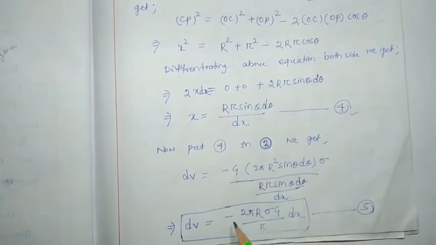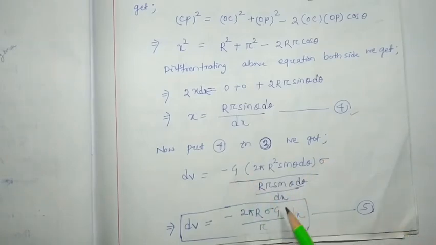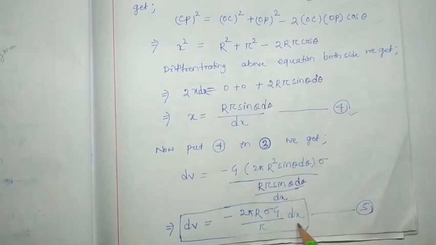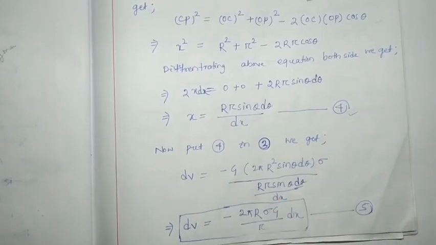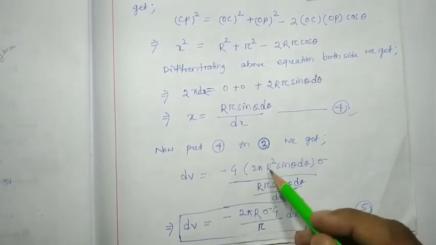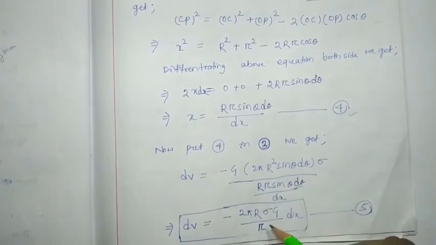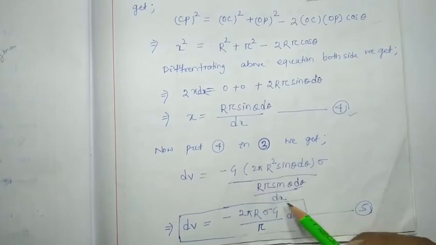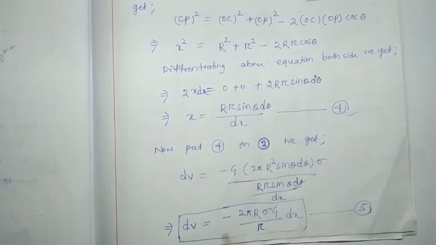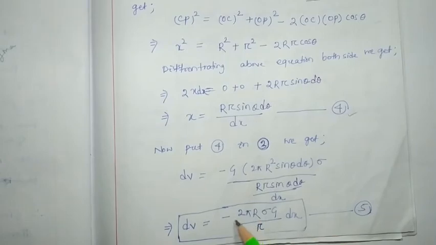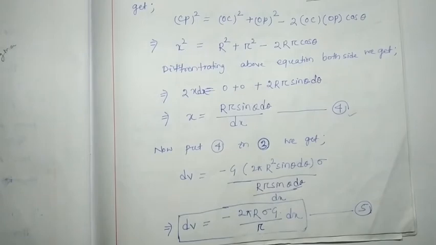So we found 2 pi r sigma G, and dx will be moved to the numerator, and this R will be in the denominator. So we found dV equals 2 pi r sigma G by R dx. Let it be equation number 5.